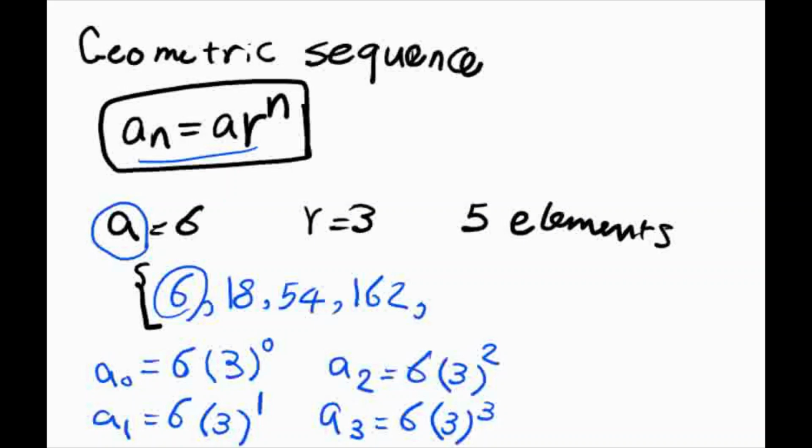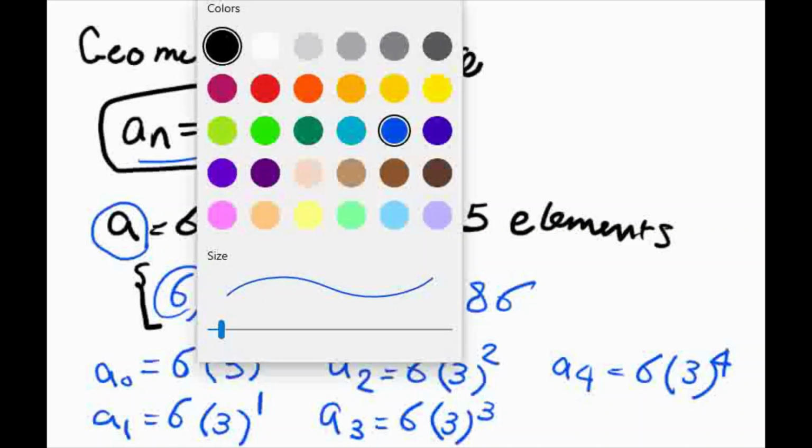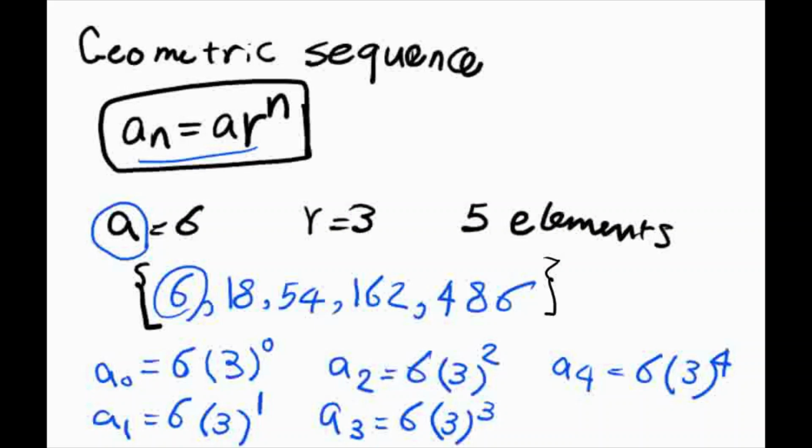And then I can either multiply 162 by 3, or I can do a sub 4 equal to 6 multiplied by 3 to the power of 4, 486. And then I can close the brackets. So this is going to be my sequence.